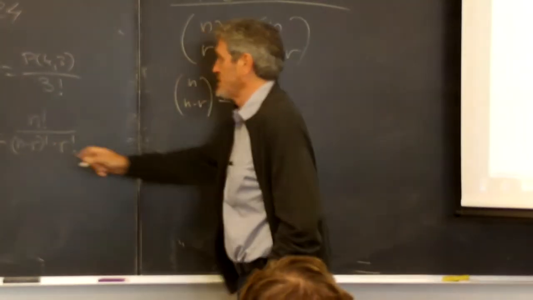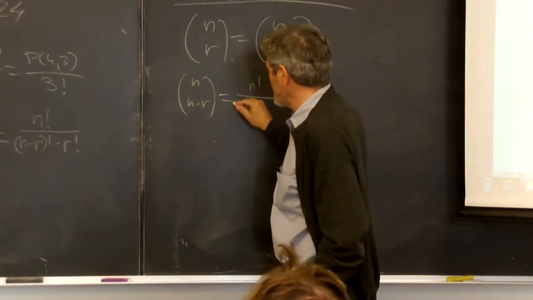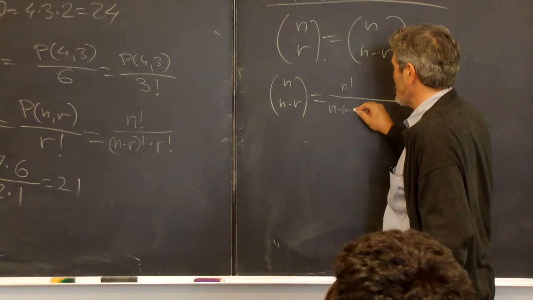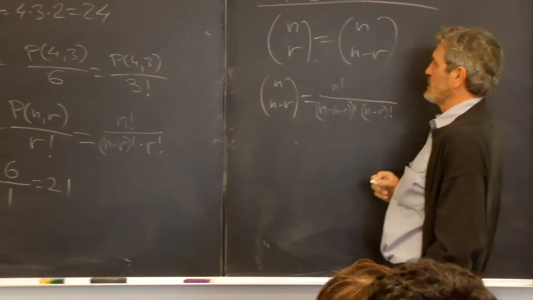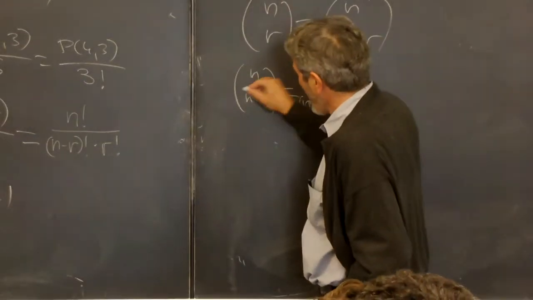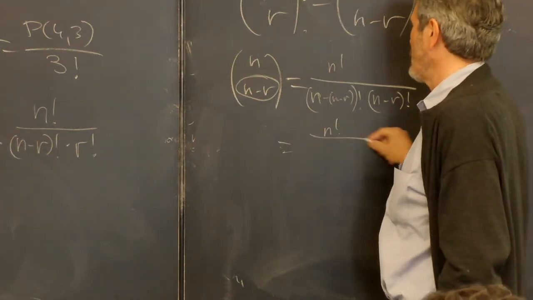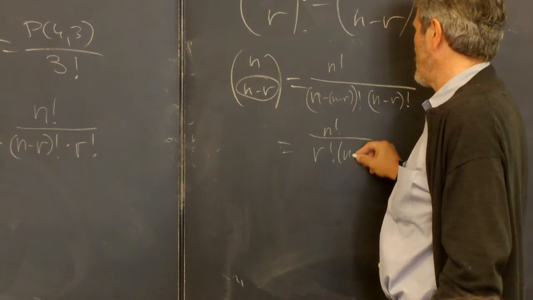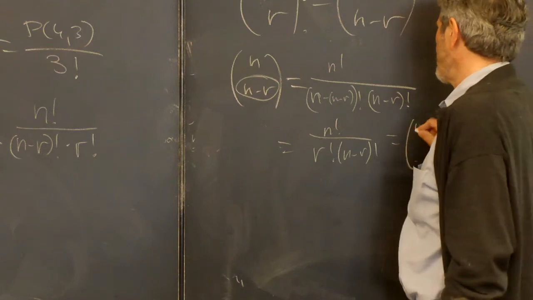By definition, it's n factorial over n minus r factorial times n minus (n minus r) factorial. So I used that rule where r was replaced by n minus r. But what happens to the second factor? How much is n minus (n minus r)? r. Did I get the same thing, yes or no? Which is n choose r.